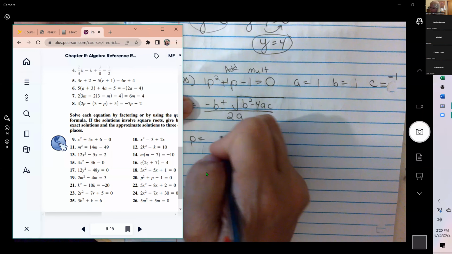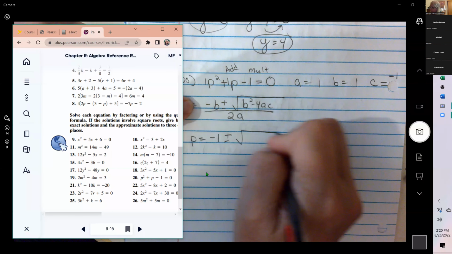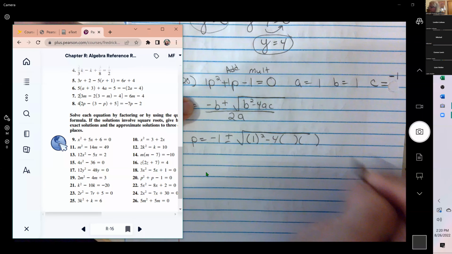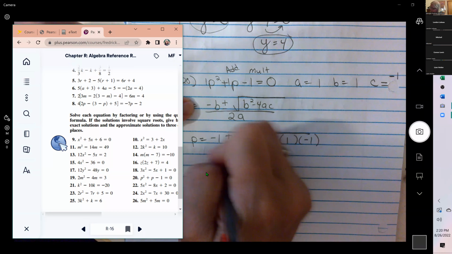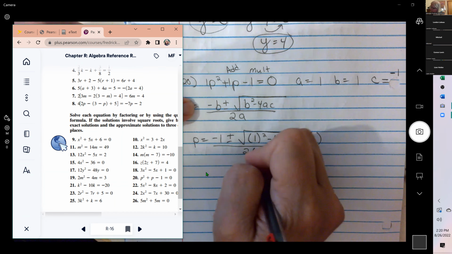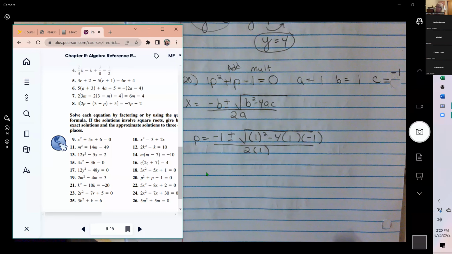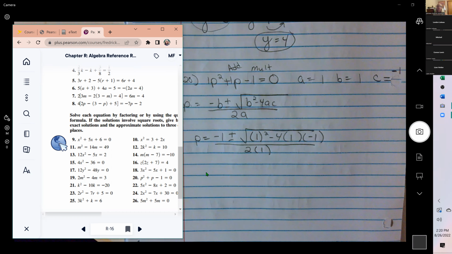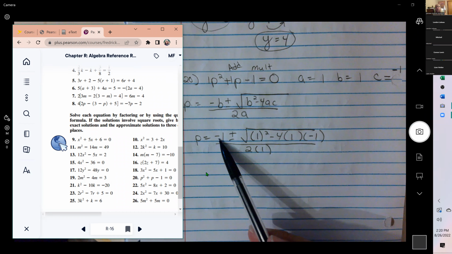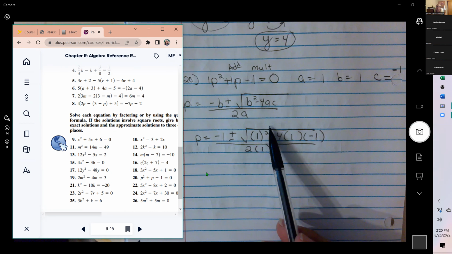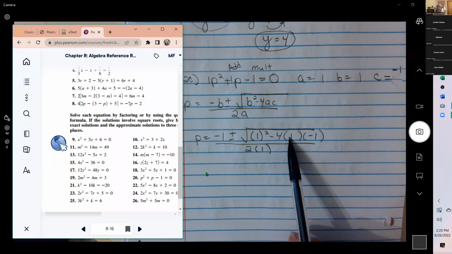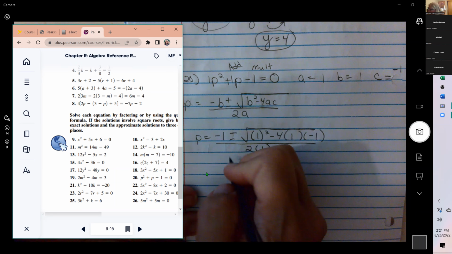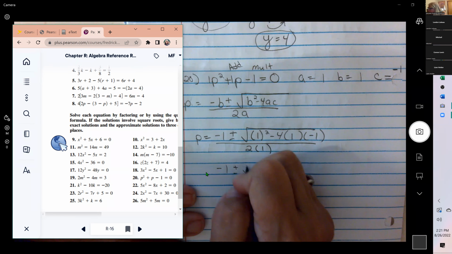Negative b plus or minus the square root of b squared minus 4 times a and c. So plugging in, you should have -1 plus or minus the square root of 1 squared minus 4 times a times c, all over 2a. -1 plus or minus the square root.